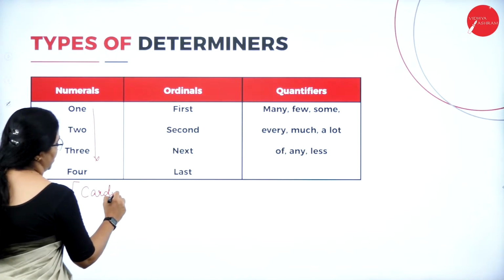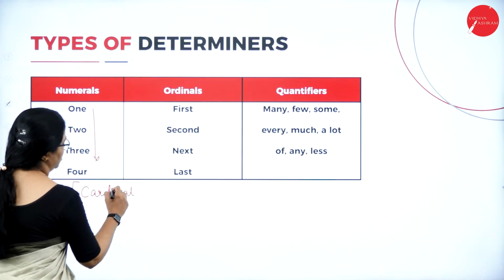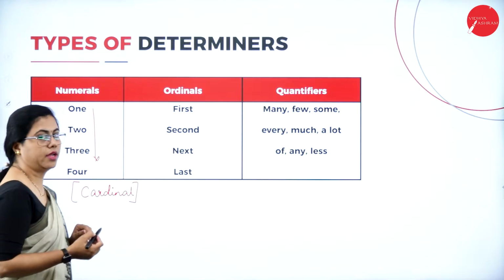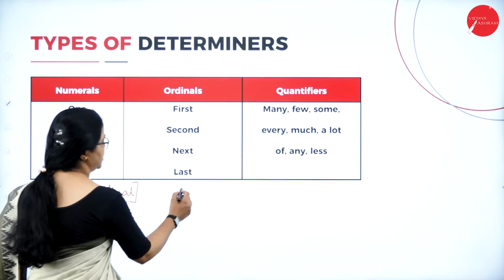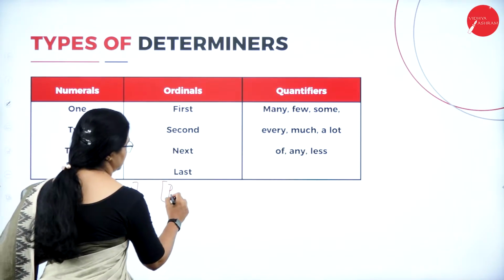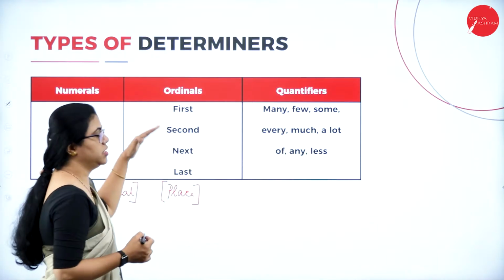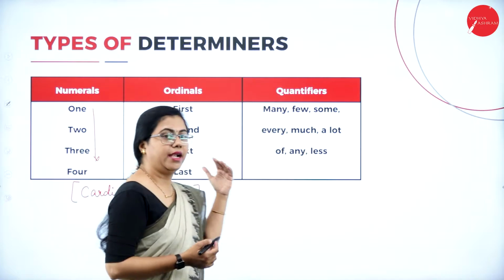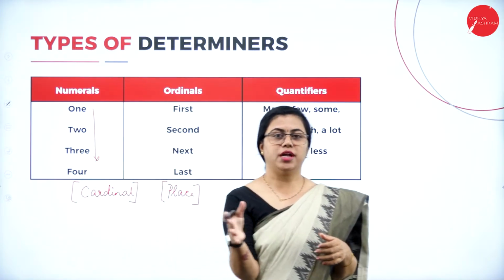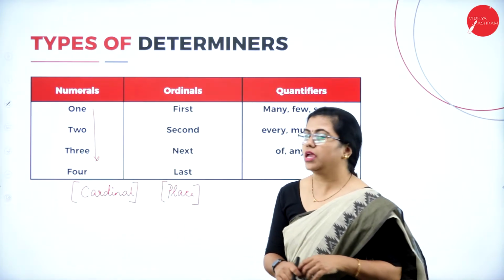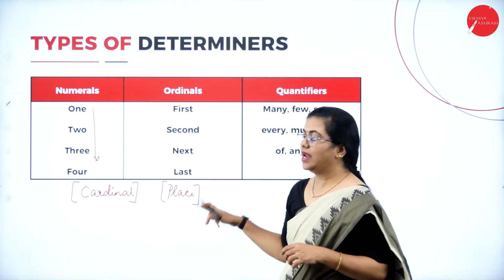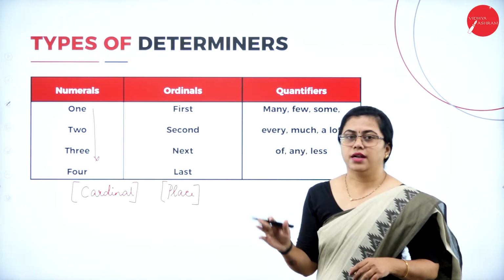Cardinal means that which tells about the exact number. Ordinal tells us about the place at which it is placed, like first, second, next, last. It tells us about the place at which that noun is placed. That's why it is called ordinal, and this is also considered a determiner.